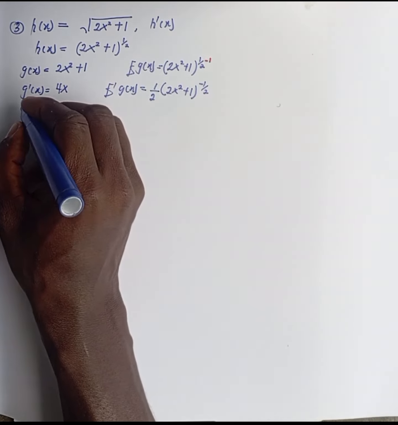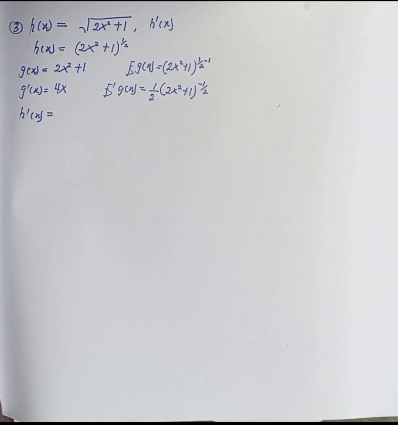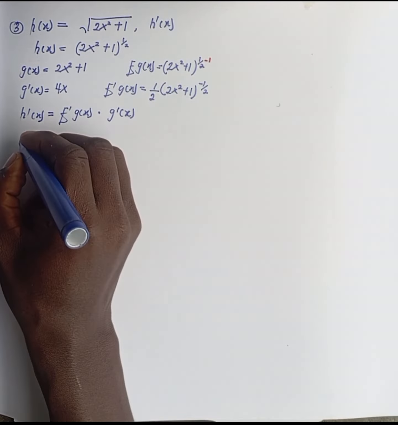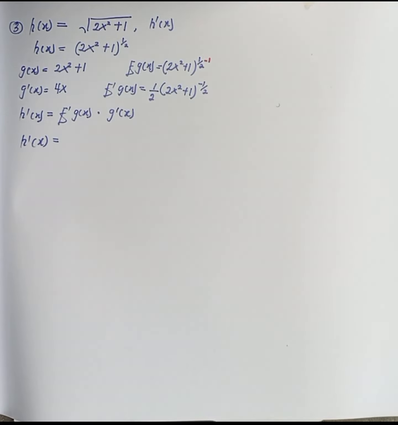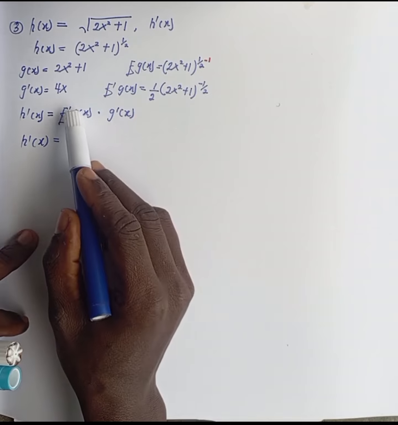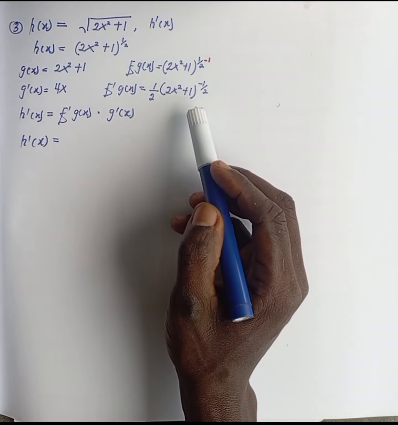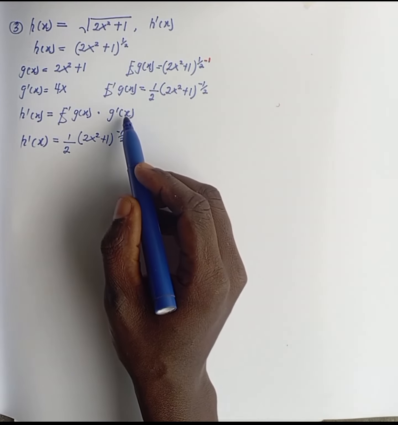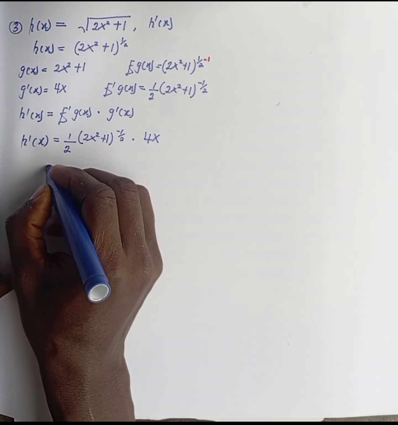So we know that h prime of x is giving us this. So we just have to do our normal substitution. So we know that our f prime of g of x is equal to this very part, and then our g prime of x is giving us 4x.